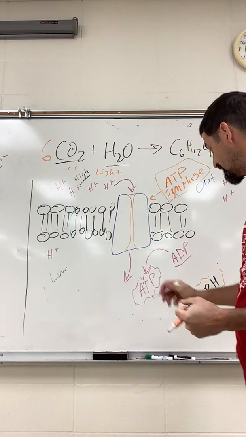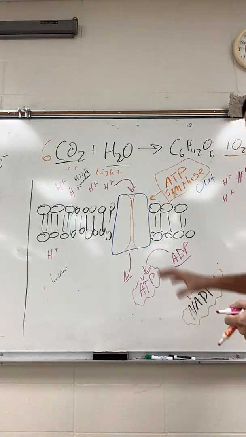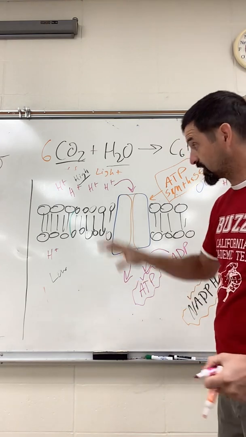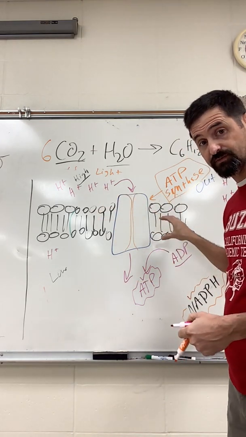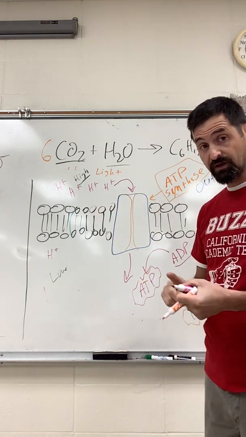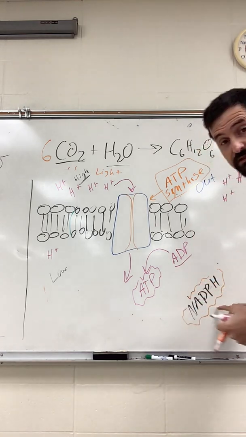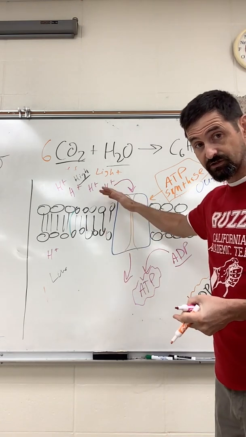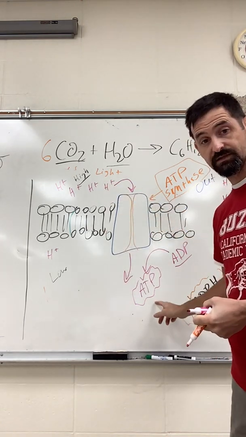Okay? So now, at the end of this, as long as we're running our light reactions, our photosystems, and our electron transport chain, not only are we generating some energized electrons in NADPH, but we're also maintaining this concentration gradient and we're generating some ATP.